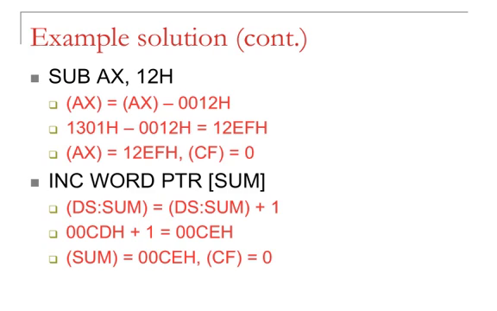This is ds:sum, and this is ds:sum+1. I'm probably going to ask you to put the updated values into this box. We know that at memory location ds:sum, we have an updated value that is 00CE. So it's going to be 00CE.